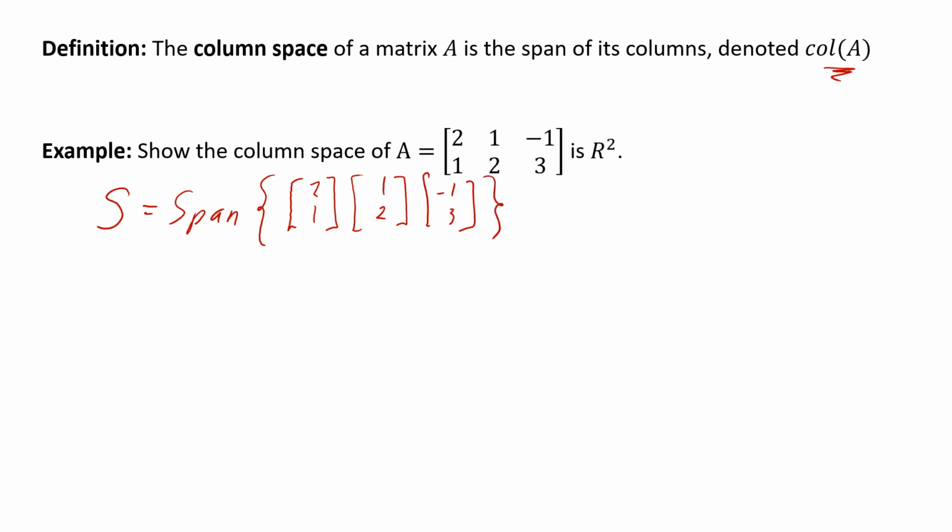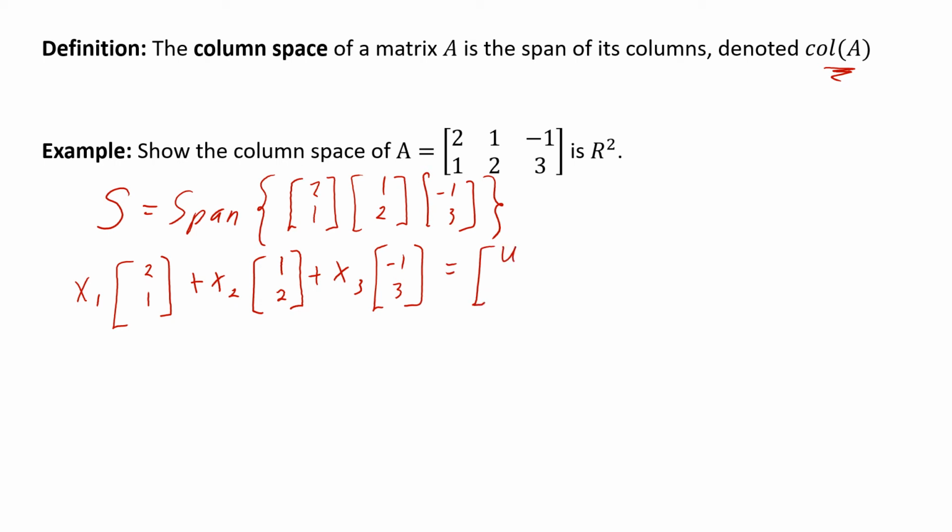And we know that the span of a set of vectors is a subspace. So this is a subspace. But now we're asking, is this column space equal to R2? In other words, can I do a linear combination of these 3 vectors, and is this equal to (u1, u2) for any u1, u2 scalars?